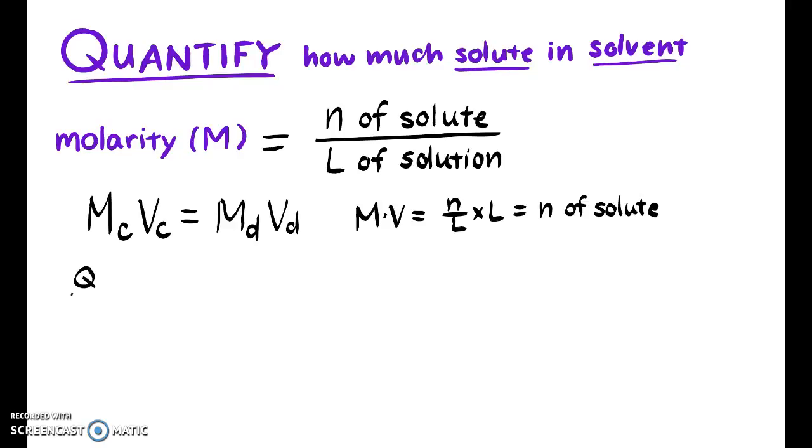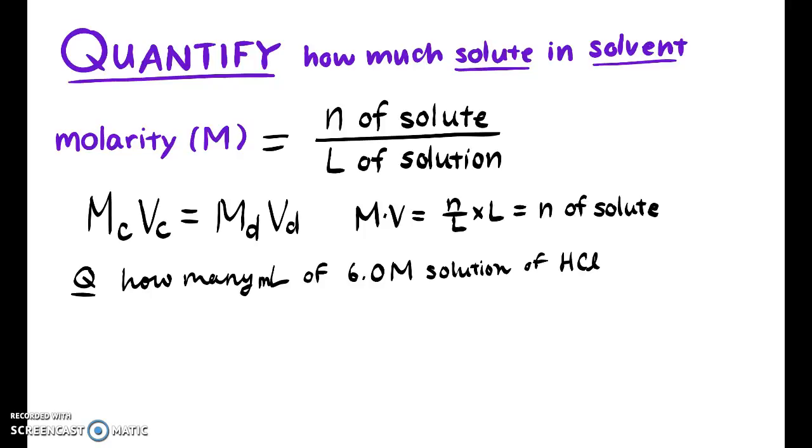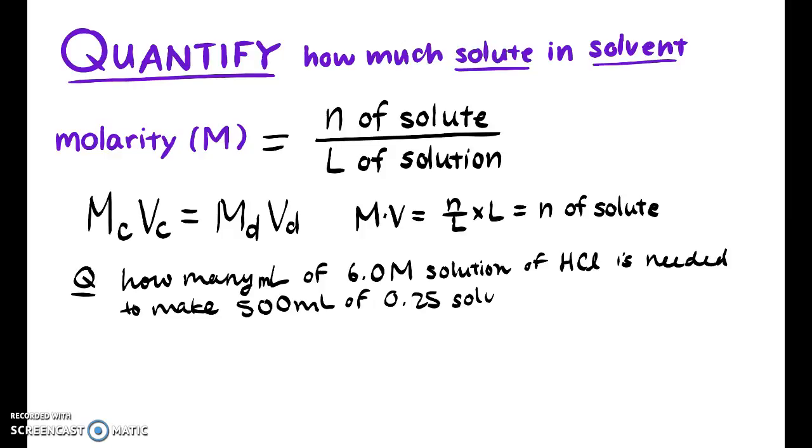So here's an example question. How many milliliters of a 6.0 molar solution of HCl is needed to make 500 milliliters of a 0.25 molar solution?